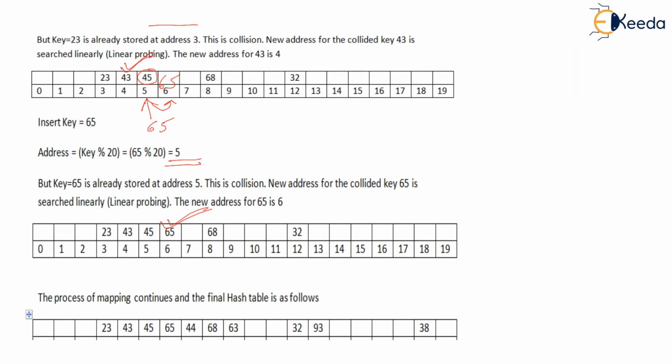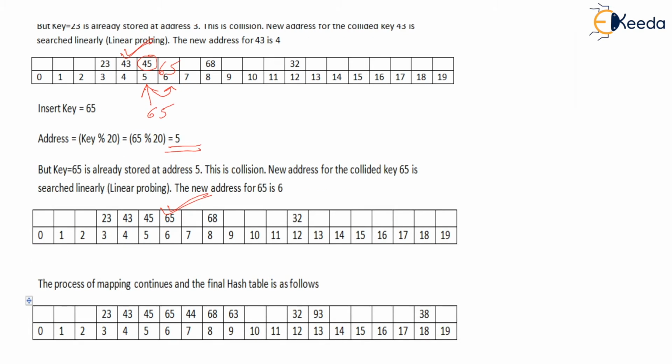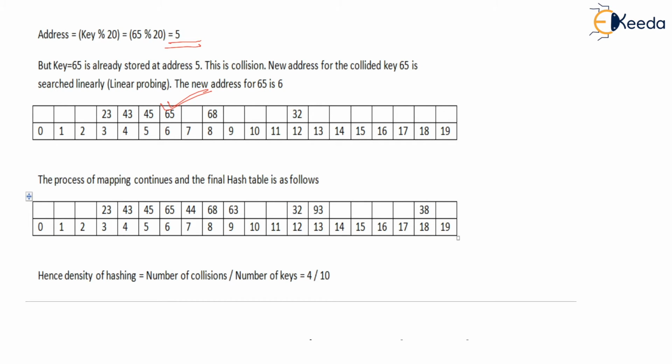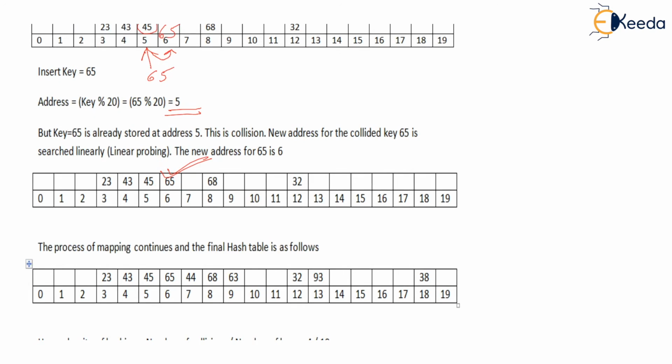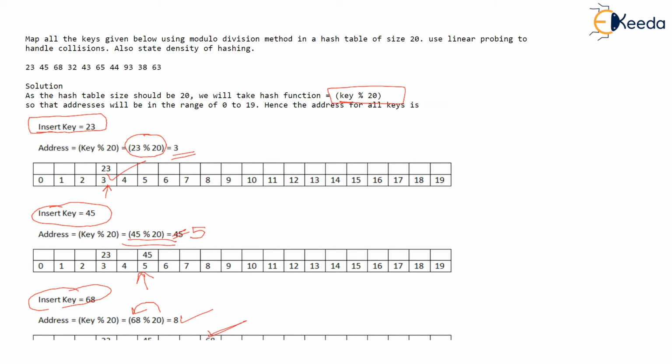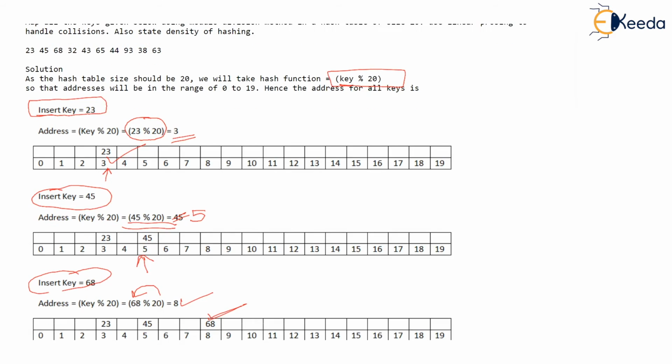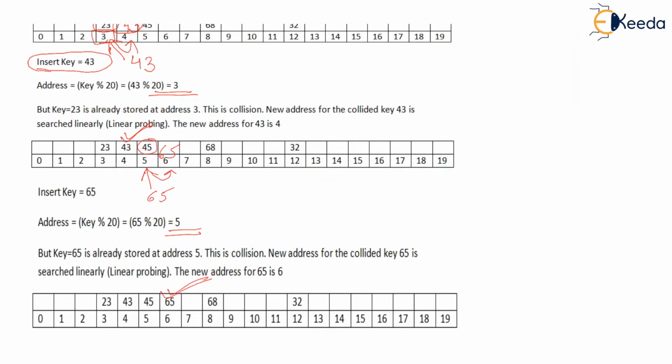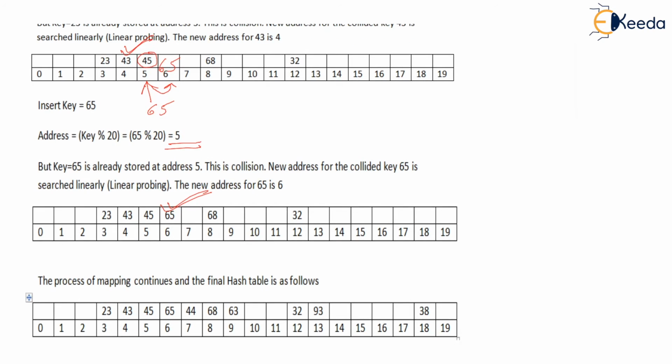And this process goes on. What are the rest of the keys after 65? Taking our data, after 65 we have 44, 93, 38, 63. After inserting 65, 44 should get mapped to the fourth address. Compute the address for 44.